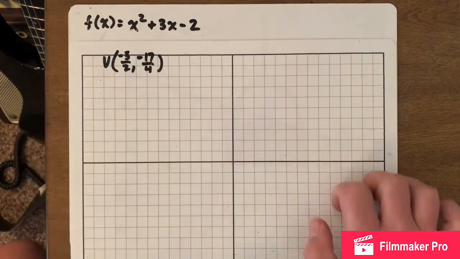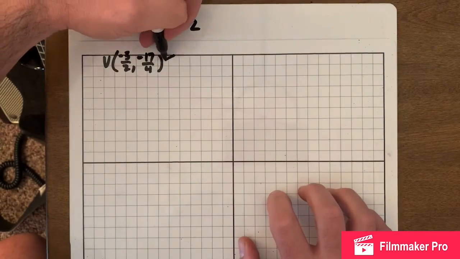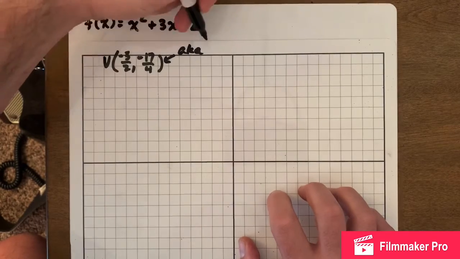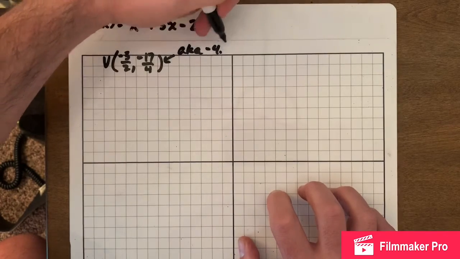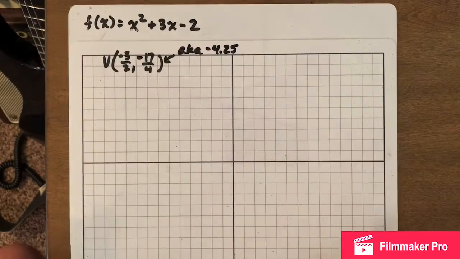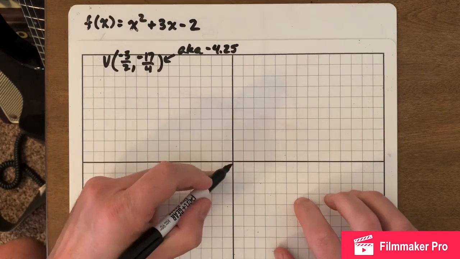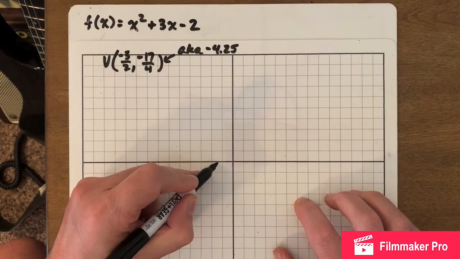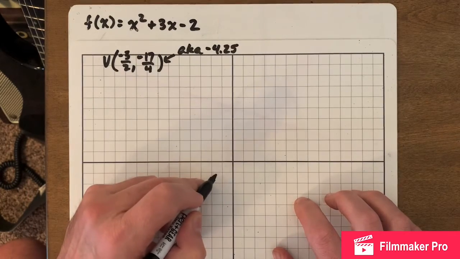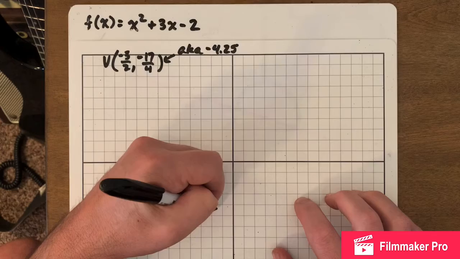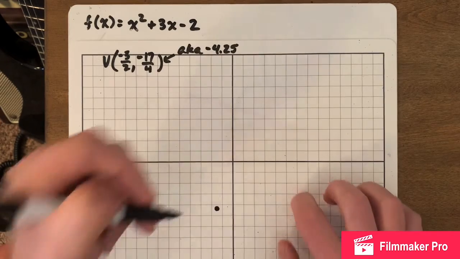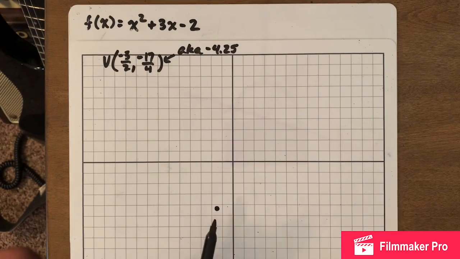Negative 17 over 4 is negative 4.25. I'm going to use decimals because decimals are actually easier to graph than fractions, unless you're really good at graphing fractions. So I go over 1.5 backwards and down 1, 2, 3, 4, and a quarter. Right there. It is not a lattice point. It does not land on an intersection of the grid lines where both coordinates are integers.